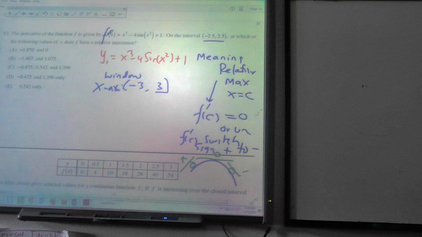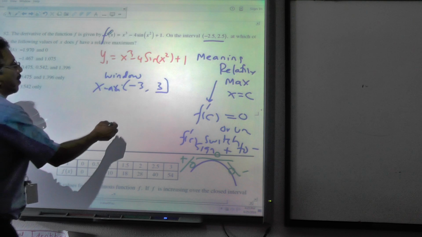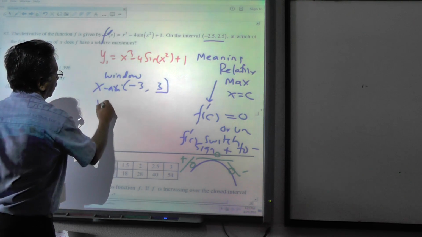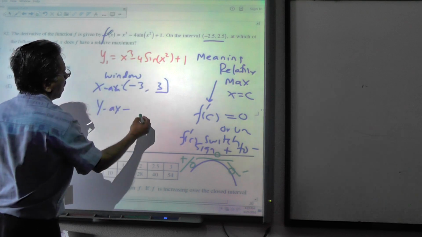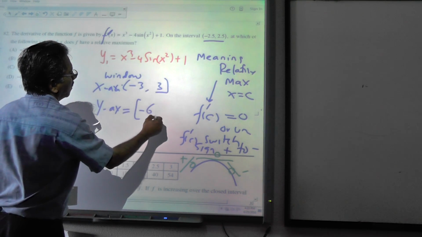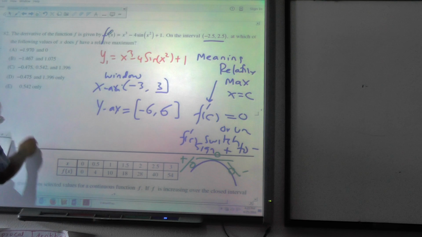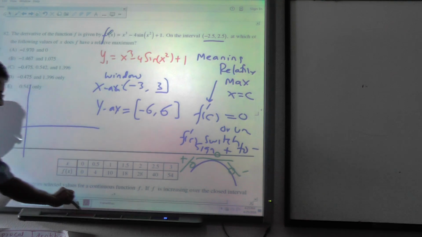On the y-axis, you can take from minus 6, and change it accordingly. But you will see, I already have done it.